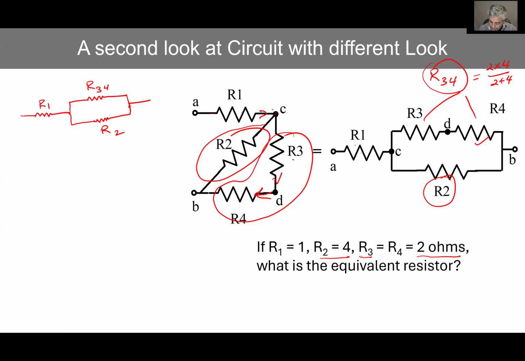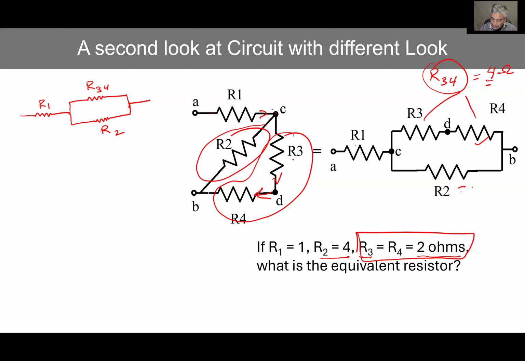Oh, hold on. R3 and R4 are 2 each. My bad. So that means 2, so it's going to be 4 then. Oh, it was in series. And why was I doing a parallel calculation to begin with? Anyway, that's 4.